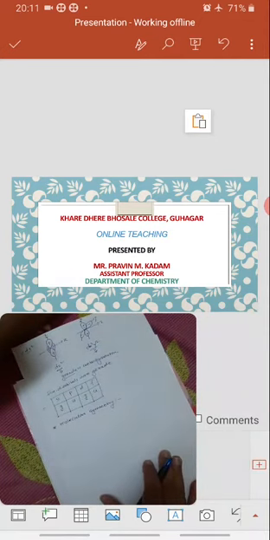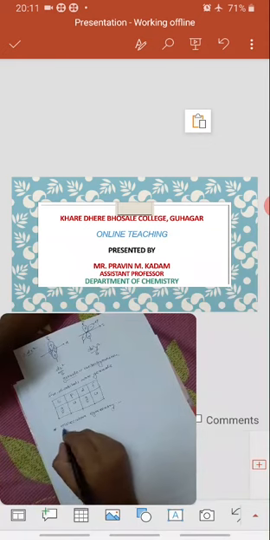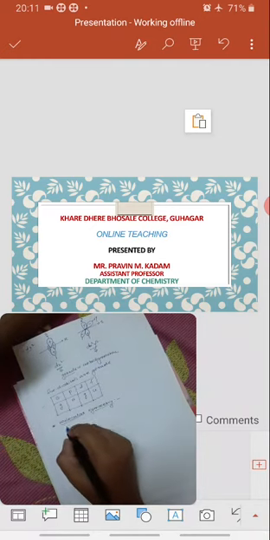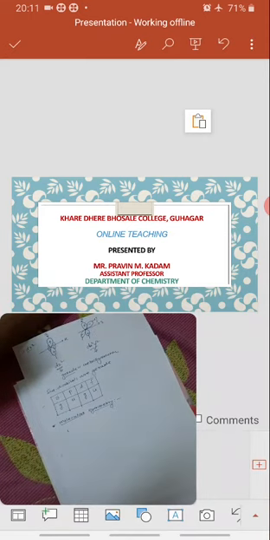Already you know that, but I have to revise it because we can apply it to construct molecular orbital energy level diagrams. You can take one orbital overlapping with another orbital to form a molecular orbital.